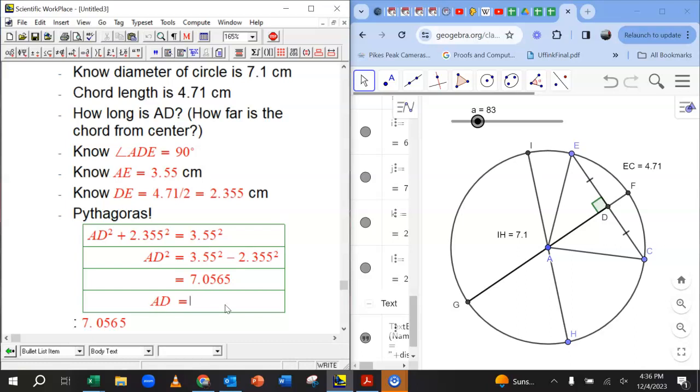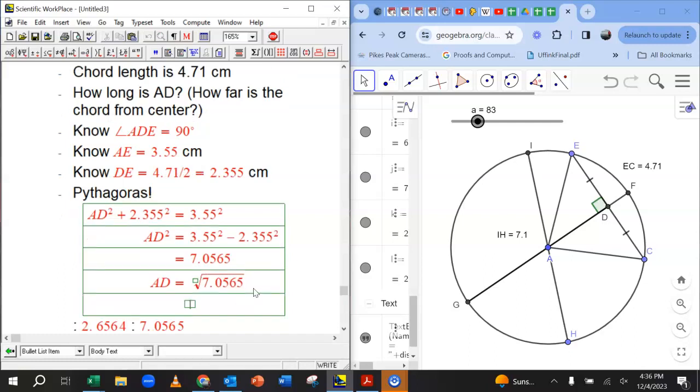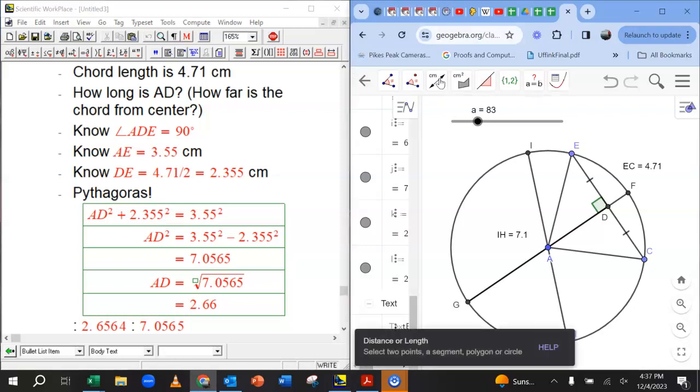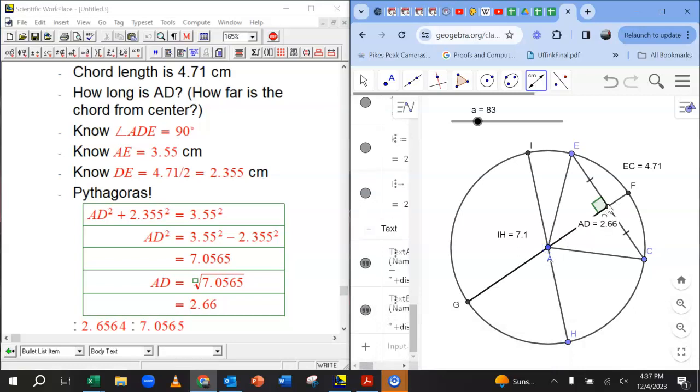And so AD is the square root of that. This is getting really familiar. Manipulating Pythagoras. And so that's about 2.656. Yeah, let's call it 2.866. Okay, let's check it. We've got this nice computer algebra thing here. Let's see. A, D, yay, 2.66. Right on.